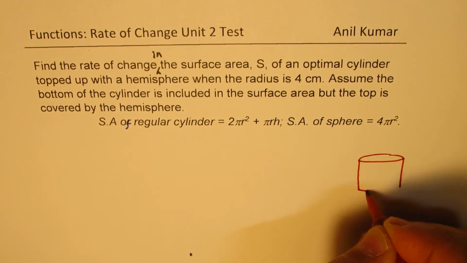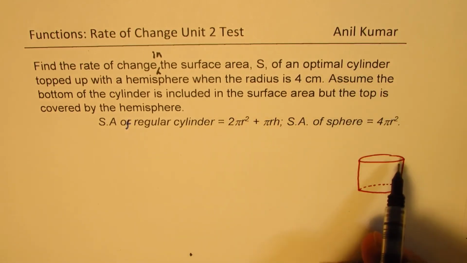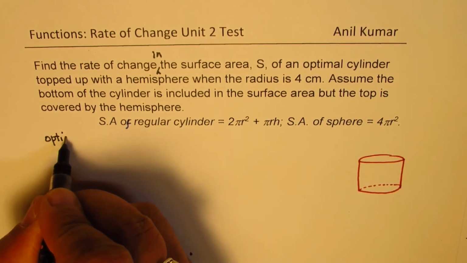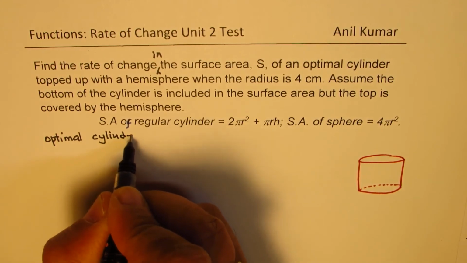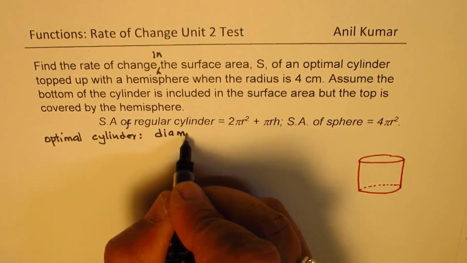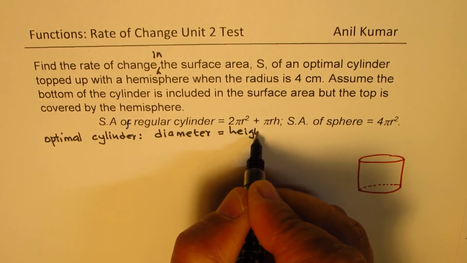Now when we say optimal cylinder, it means what? And that is interesting. Optimum means that diameter is equal to height. So the first thing you should understand is what an optimal cylinder is. That means diameter equals height.